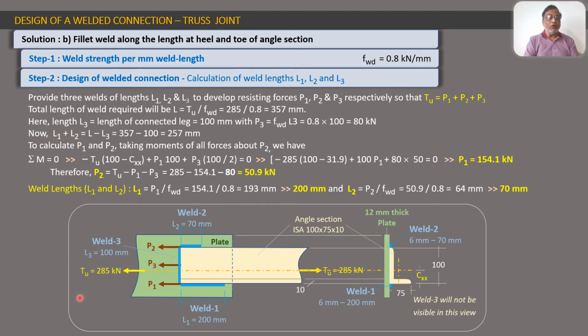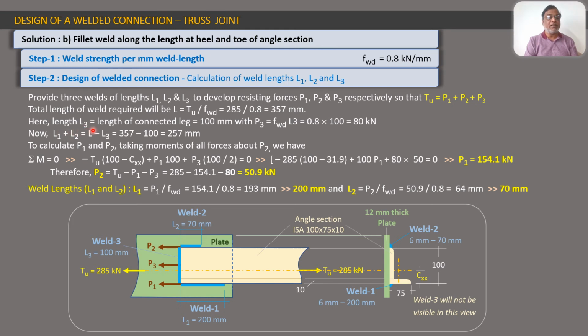Now out of these three, L1, L2, L3, we know that this transverse weld, that is weld 3, its length is fixed because it is along the entire leg. So this is going to be 100 mm. We don't have to do any calculation.